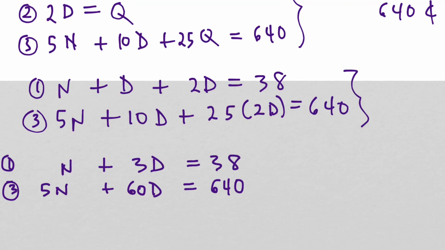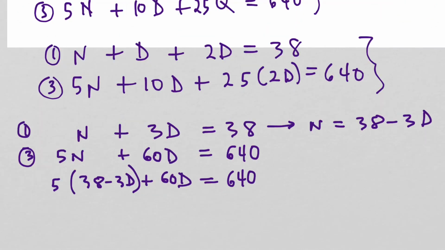So I simplified those 2 equations by combining like terms, and now I have these 2 equations here. So I can take this first one here and solve for N. So N is equal to 38 minus 3D. Now in the second equation, down here, wherever I have an N, I can replace that with 38 minus 3D.